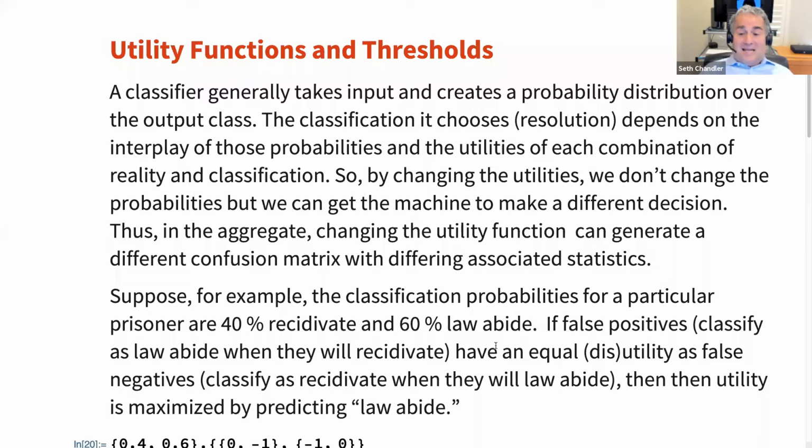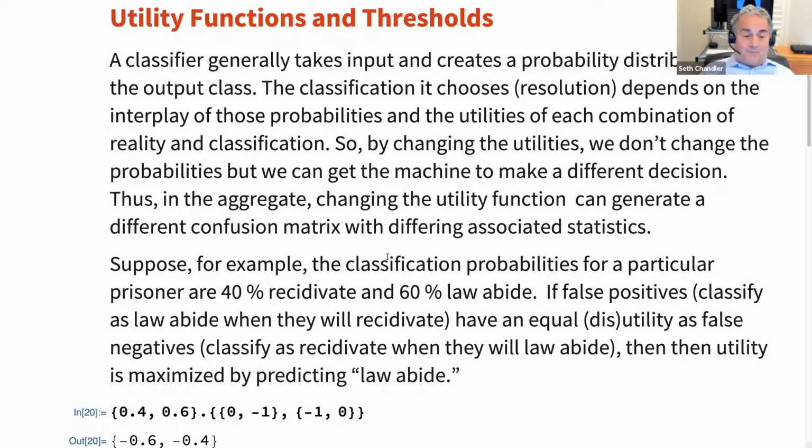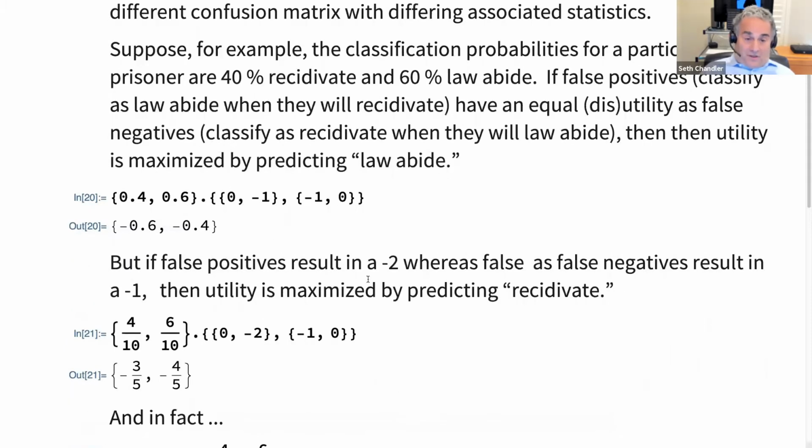And so if you weight a false positive the same as a false negative, then the choice of what the classifier should do in order to maximize expected utility is quite clear. It should say, well, it's more likely than not that they're going to abide by the law, so let's let them free.